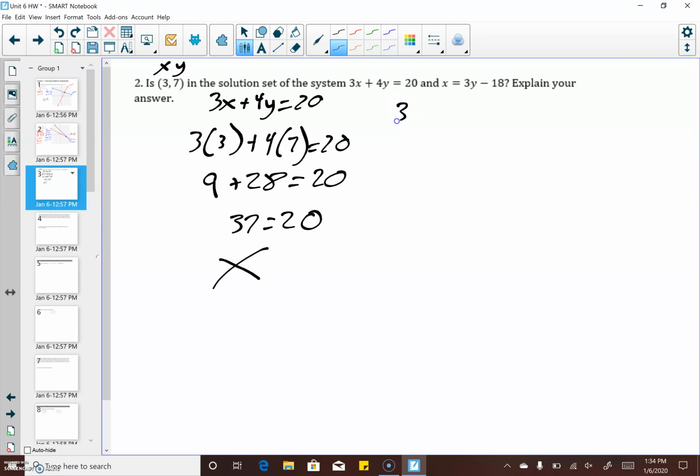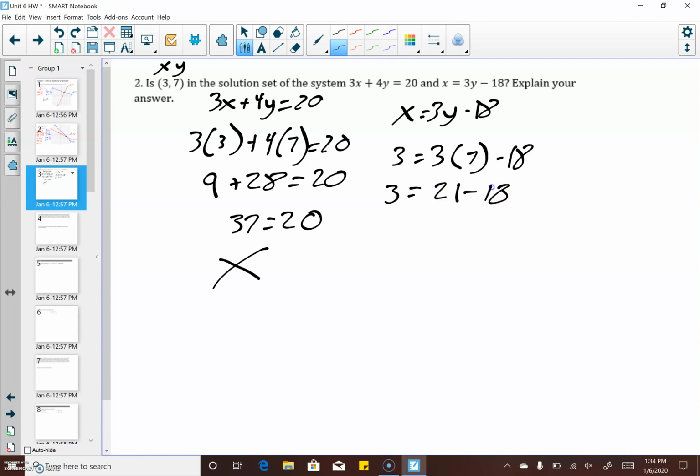Now, I'm just going to plug it in for the other one just to verify and make sure that I'm not missing anything. So when I do that, I get 3 equals 3 times 7 minus 18. 3 times 7 is 21. 21 minus 18 is 3. And you get 3 equals 3.